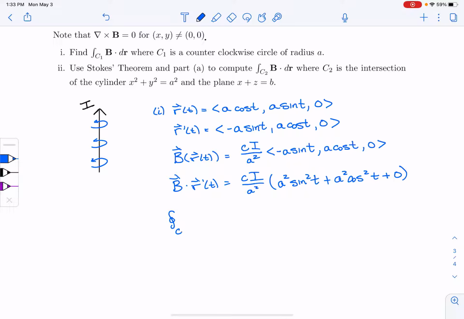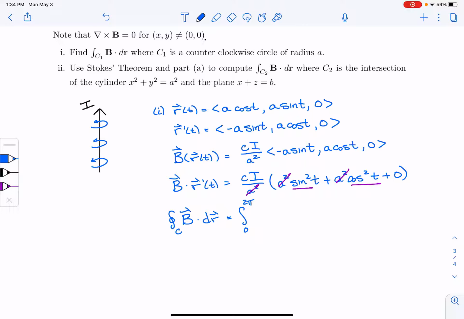Well, the work is going to be the integral of B dot dr. So that's the integral from 0 to 2 pi. Well, sine squared plus cosine squared is 1. And in fact, this cancels with the a squareds as well.